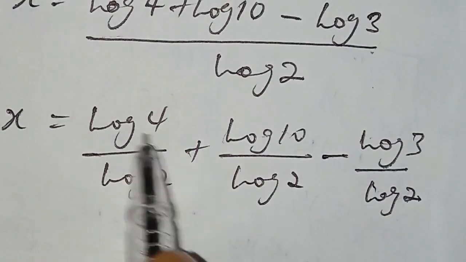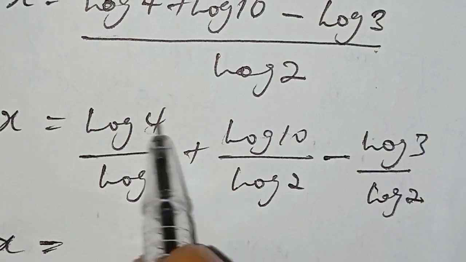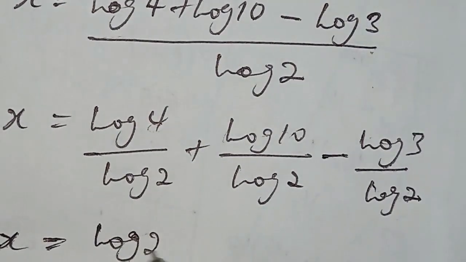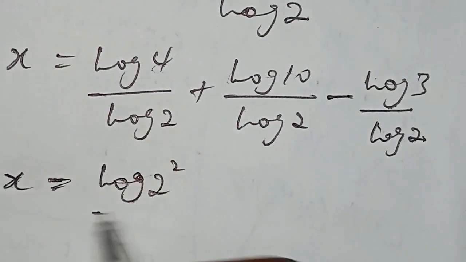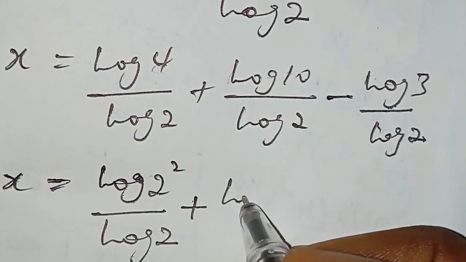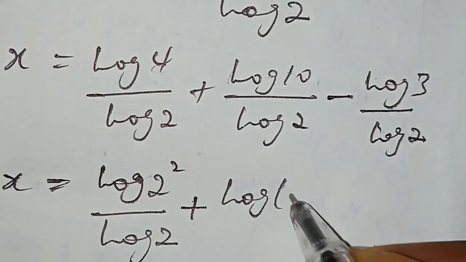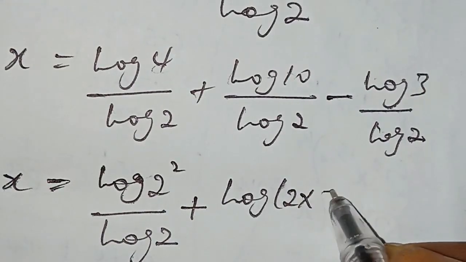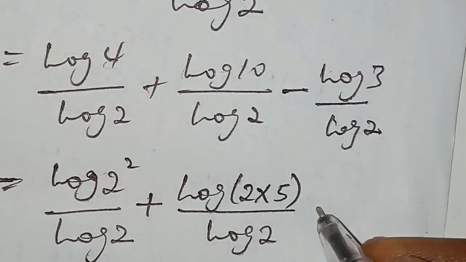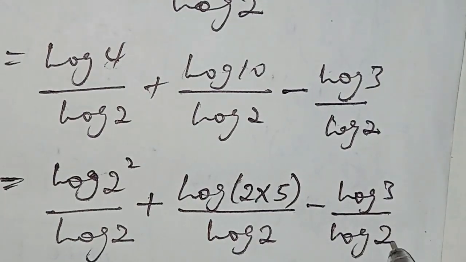So this can be simplified as log of 2 raised to power 2 over log of 2, plus log of 10, which can also be simplified as log of 2 multiplied by 5 over log of 2, then minus log of 3 over log of 2.